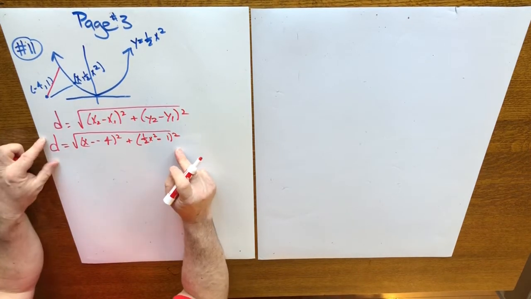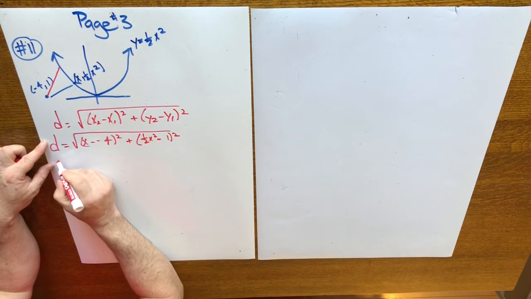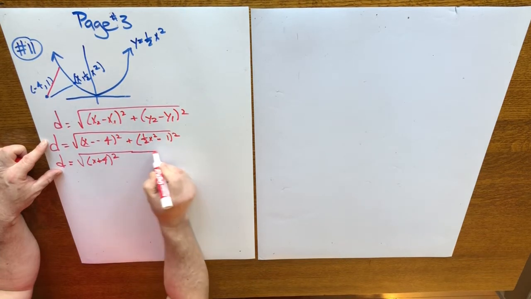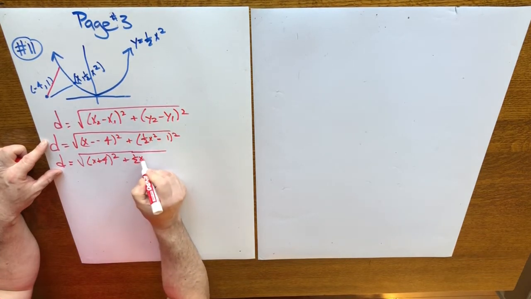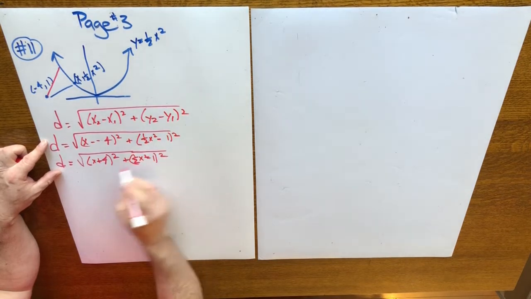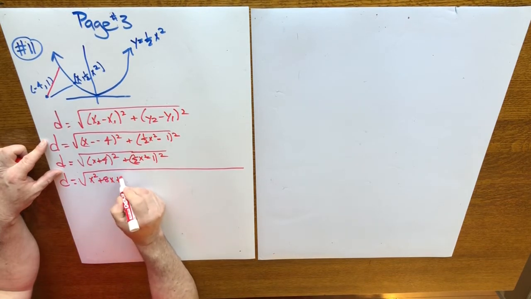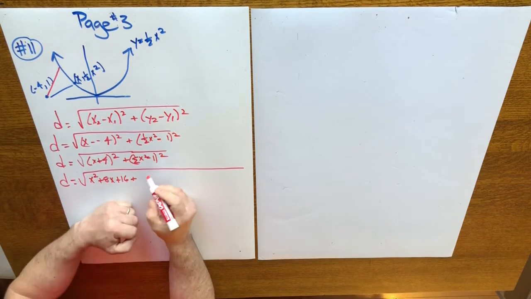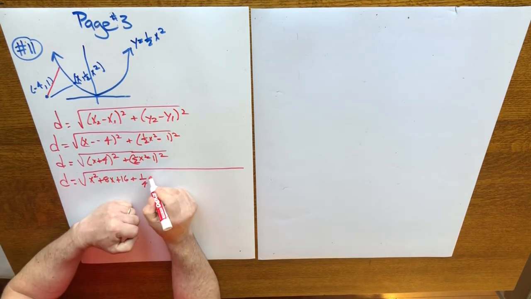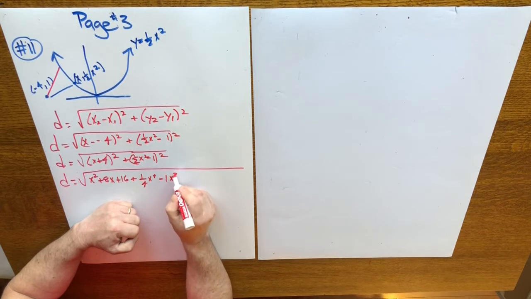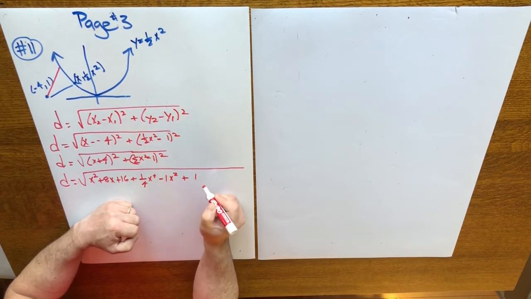I'm going to try to simplify it as much as I can beforehand, however. So d equals the square root of x plus 4 all squared plus 1/2 x squared minus 1 all squared, which is x squared plus 8x plus 16 plus 1/4 x to the 4th minus 1 x squared plus 1.